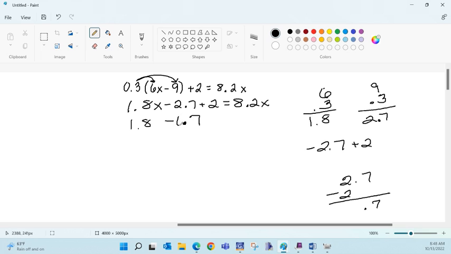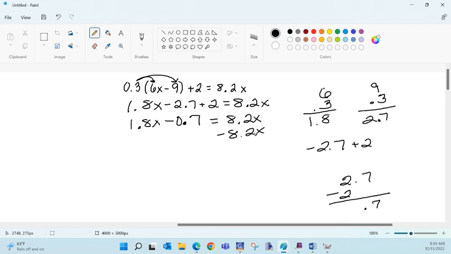It's the same. All right, so now my like terms are together. 8.2x. And then after that, what do we do? We could subtract 8.2x, but let me show you, don't write this down, what happens.